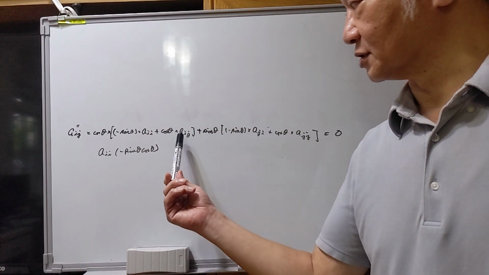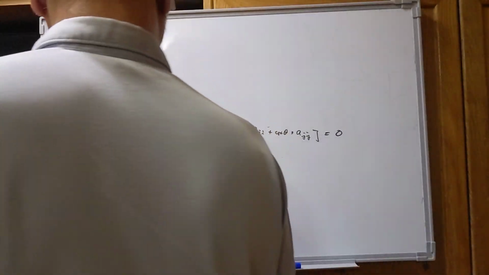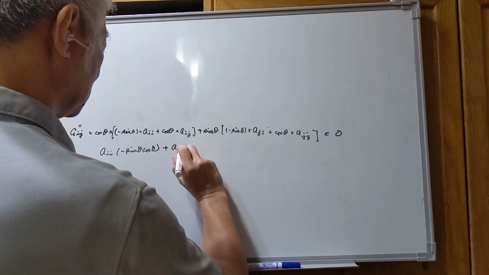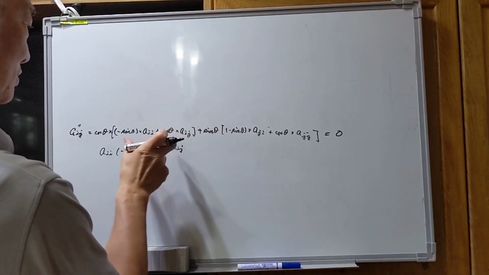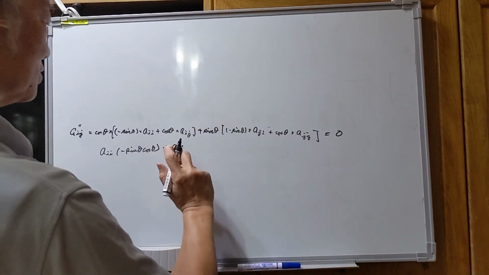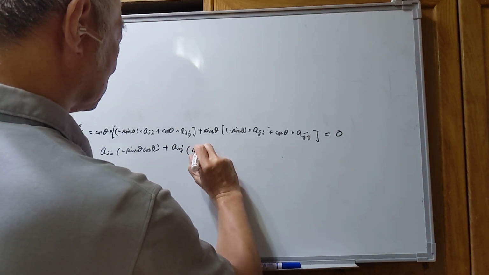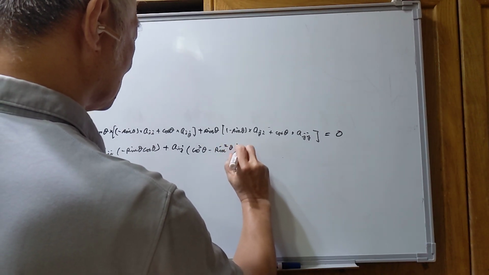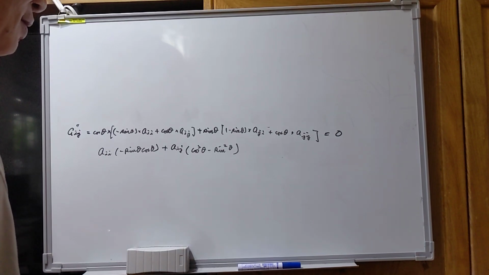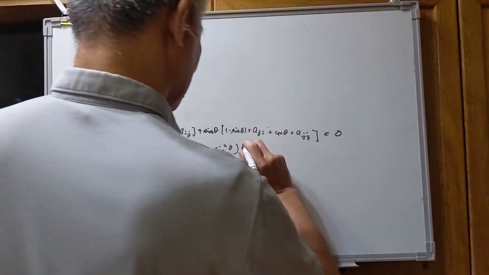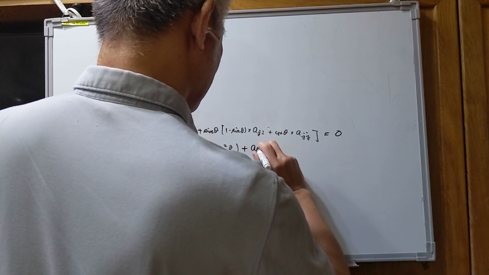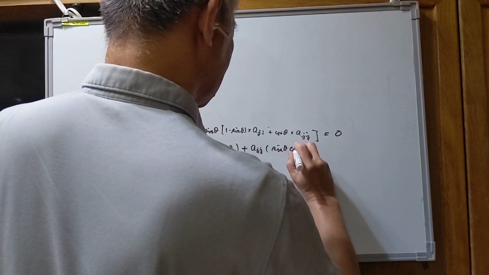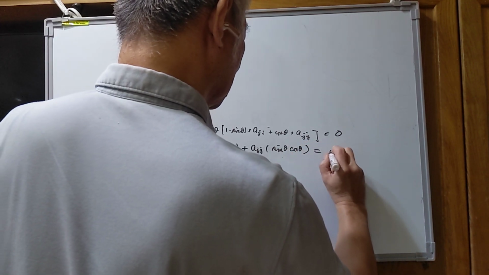So in this formula, we can use the Aij, and we can combine this term and this term, which is equal to cosine squared theta and sine squared theta. And the Ajj is sine theta cosine theta equal to 0.